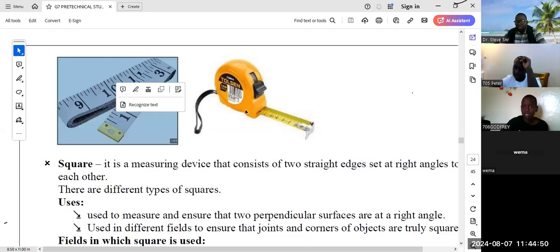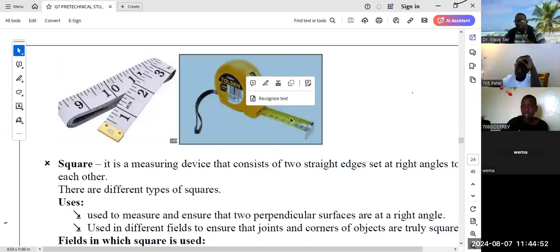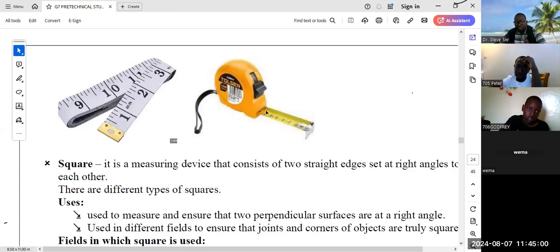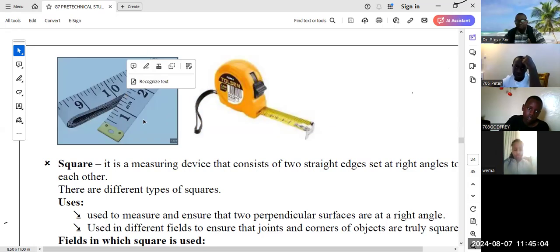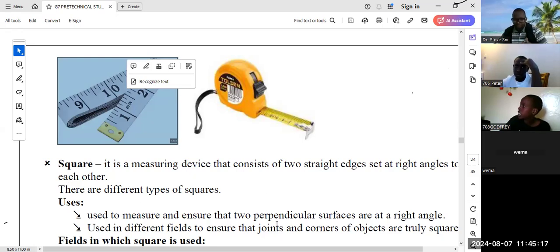This one is normally used by masons and carpenters. I am 400% sure you have seen this type. This one is used by people who make clothes. It can also be used at home, maybe when measuring random lengths of pieces of cloth, the ones you put on your chairs.